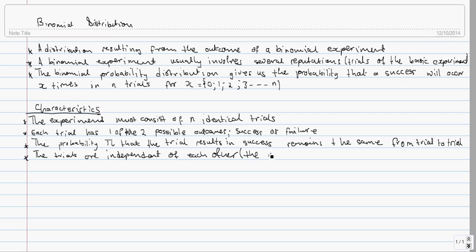The outcome of one trial does not affect the next.